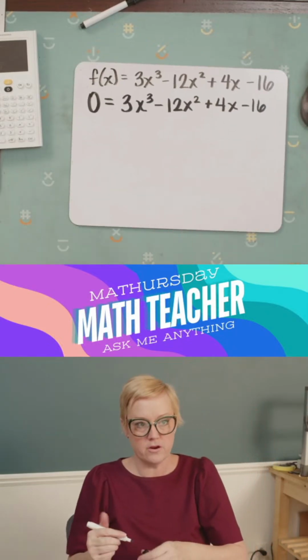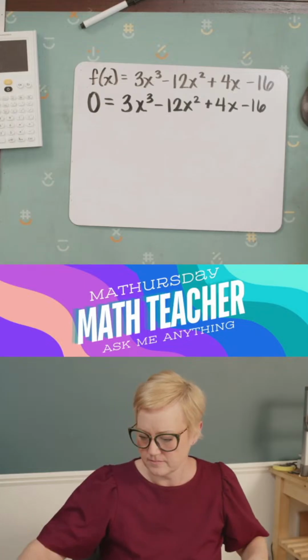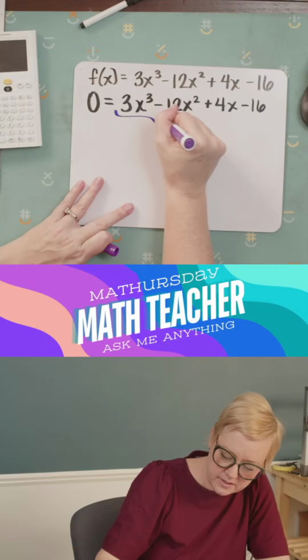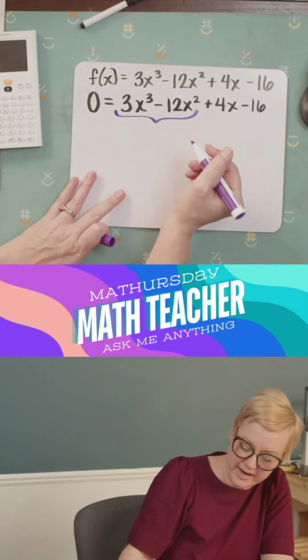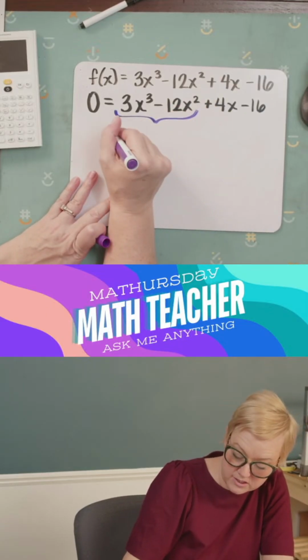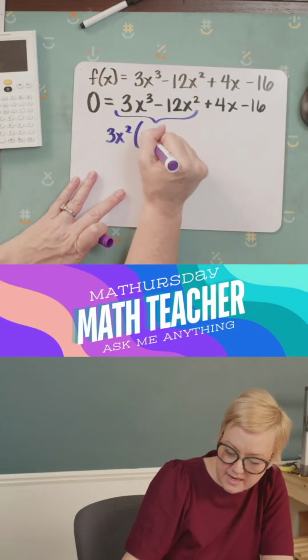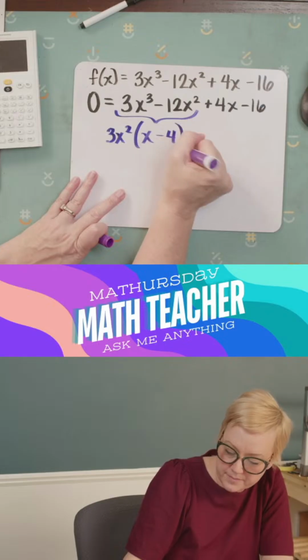Okay, I'm gonna factor by grouping now. So 3x cubed minus 12x squared. What I can take out of there is a 3x squared, and what I'm left with is x minus 4.